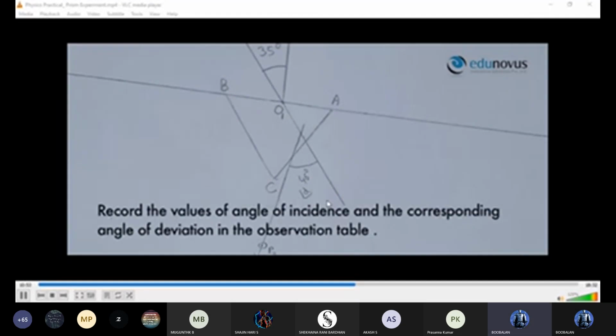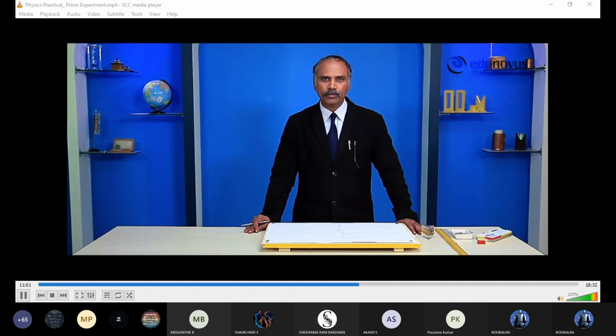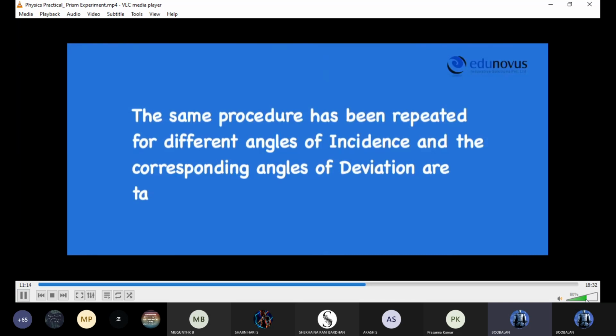The angle of deviation. Like that, we should take 5 readings: 35, 40, 45, 50, 55.